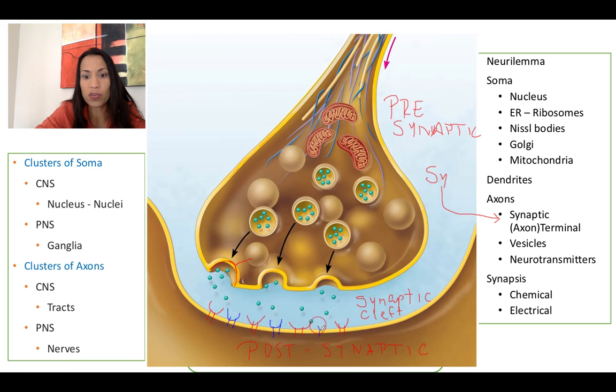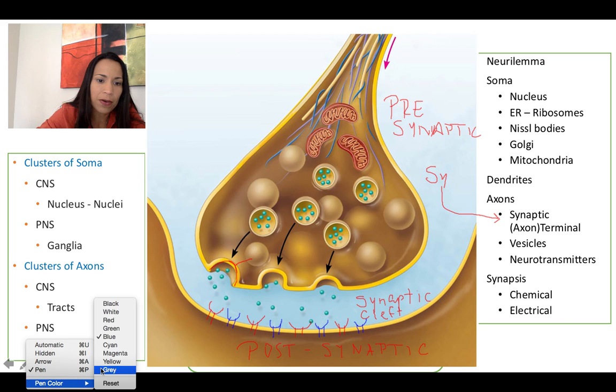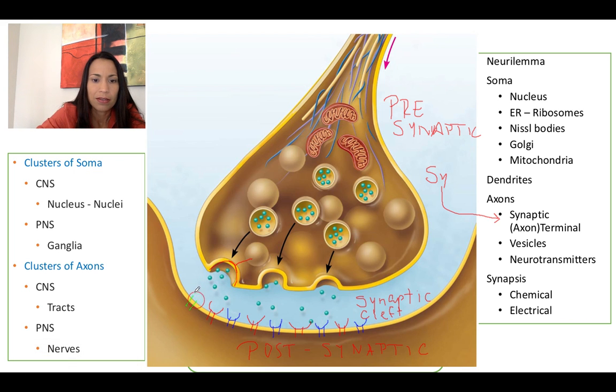Receptors for adrenaline, maybe the blue is receptor for adrenaline and the red one is receptor for acetylcholine. Okay, and let me grab now, just to make my point. Oh, it didn't leave so much space, but this green one are the receptors that are going to interact specifically with this kind of neurotransmitter.